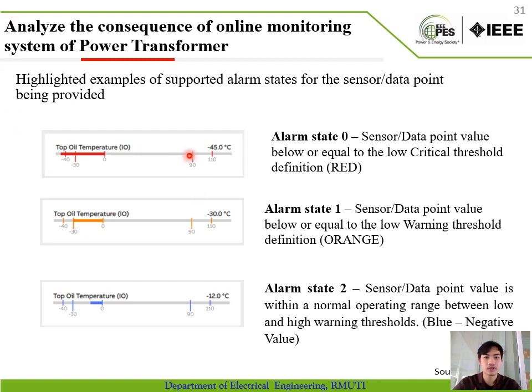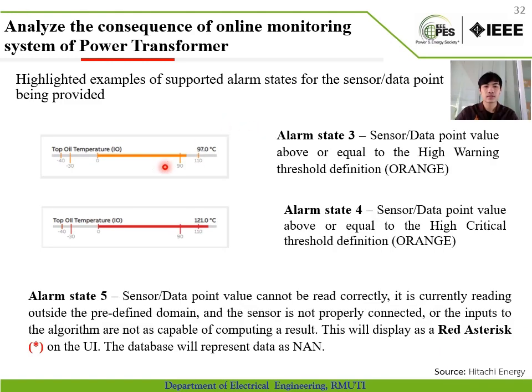Alarm state 0 is the low critical threshold, state 1 is the low running threshold, and state 2 is the operation threshold. Alarm state 3 is the high running threshold, and the last one, alarm state 4, is the high critical threshold.